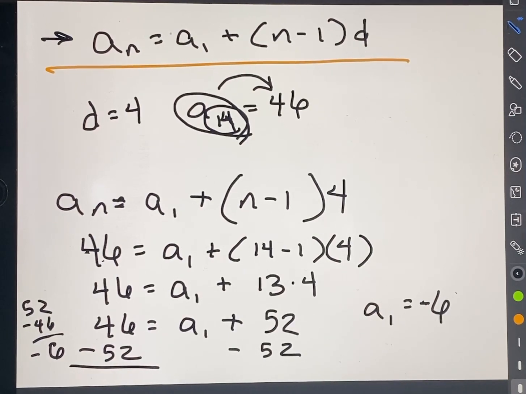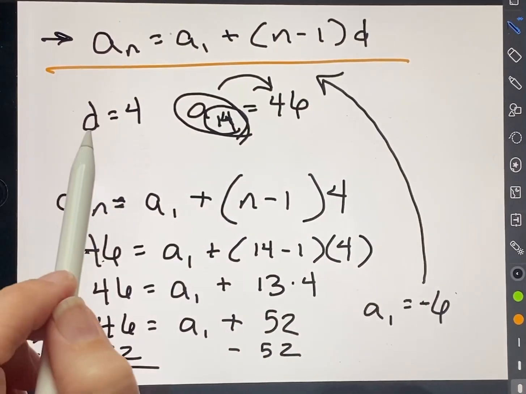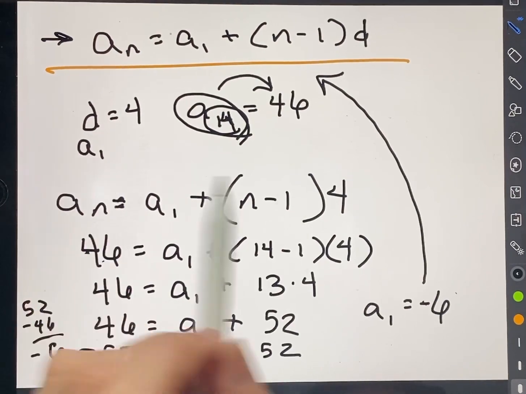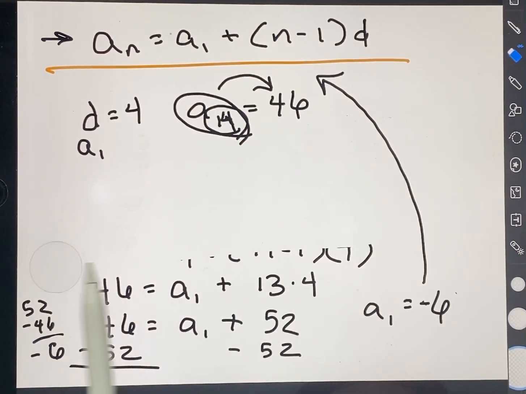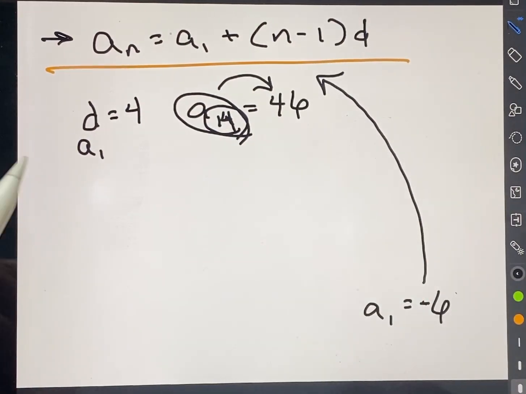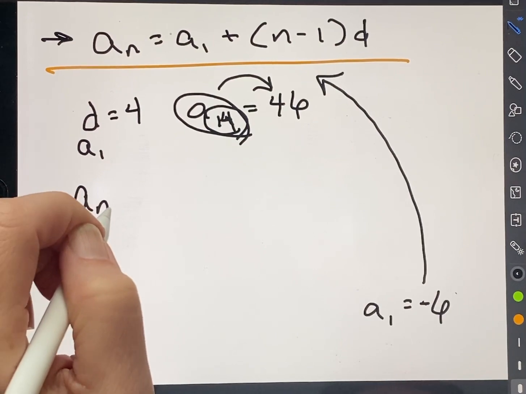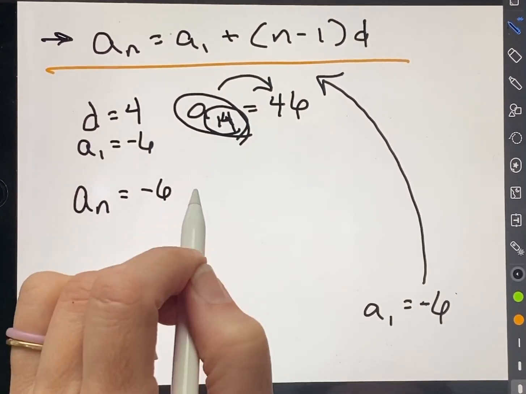There we go. Okay, so now what do we do? To find our generic, we get to go all the way back up. So for generic, we need D and we need a sub 1. Let's plug this in, erase this out. Okay, and we're going to say to find any value, I start at negative 6.